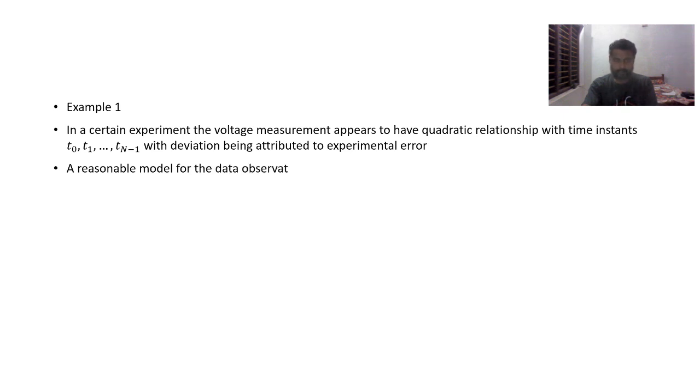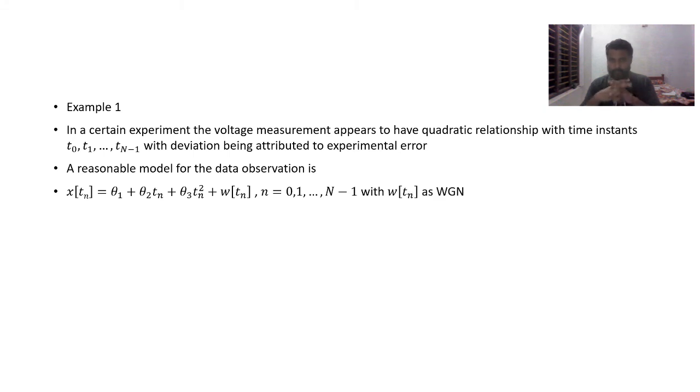A reasonable model for the data observation is x of tn can be written as θ1 plus θ2 tn plus θ3 tn squared plus w of tn, for n equal to 0, 1, etc. up to n minus 1, where w of tn is nothing but white Gaussian noise. So x of t0 can be written as θ1 plus θ2 t0 plus θ3 t0 squared plus w of t0.